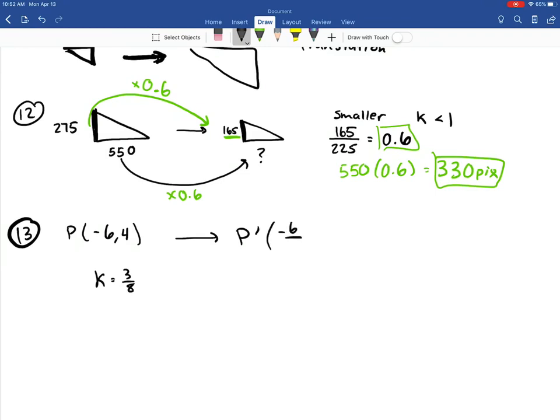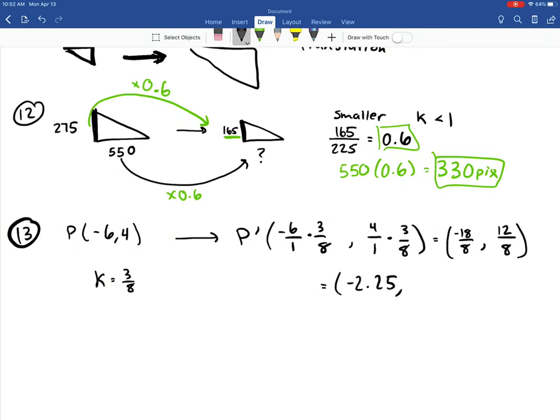So I'm going to change this to -6 over 1 times 3/8, comma, 4 over 1 times 3/8. Okay, so I get -18 over 8 and 12 over 8, which you could reduce as a fraction on your pretest. I wrote it as decimals, that's fine as well. But those would be my new coordinates.